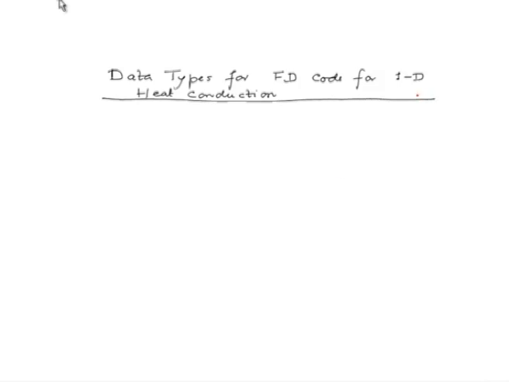Okay, so what are the input data which we had? The end points of the grid, let us call it x is equal to A and x is equal to B. The number of division which we might have, so that becomes one more input.